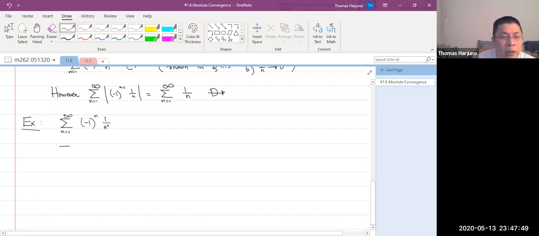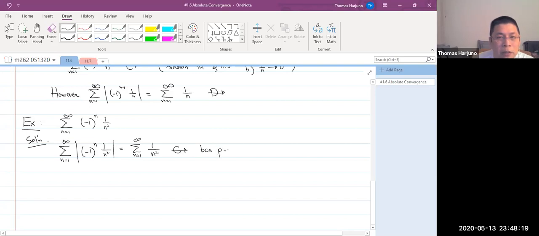If I apply the absolute value, we get a P series with P equals 2, which is greater than 1. So this is convergent.